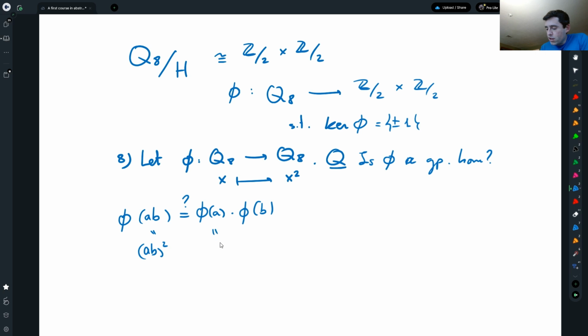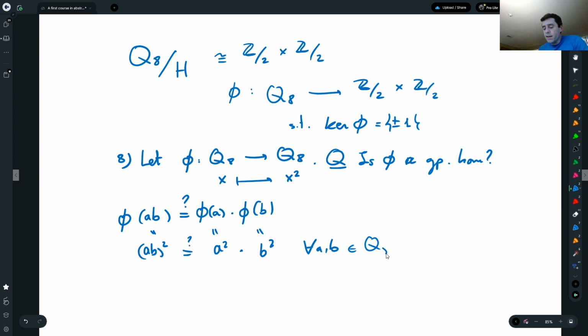This would be A squared, and this would be B squared. So what we're asking is, is this always true for all A and B in Q8? Is the square of A times B equal to the square of A times the square of B? And this is not always the case.